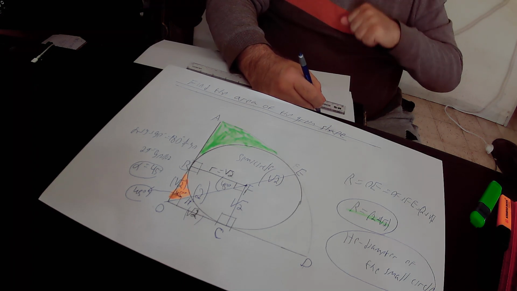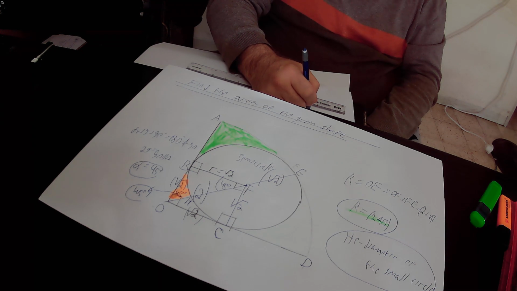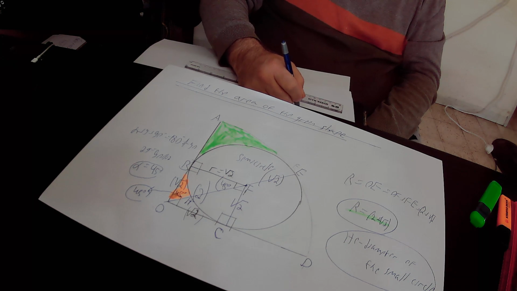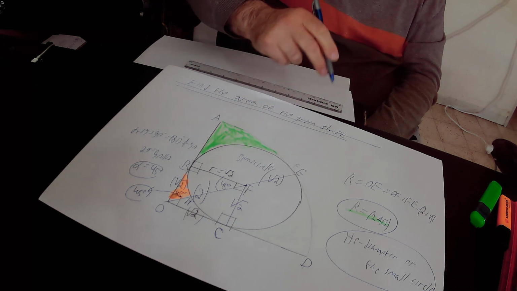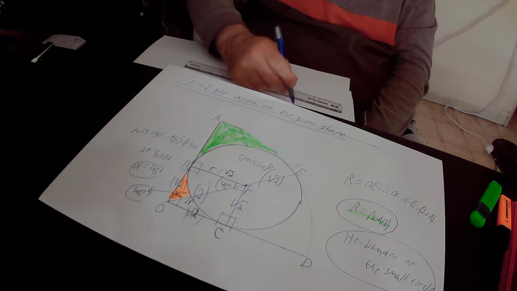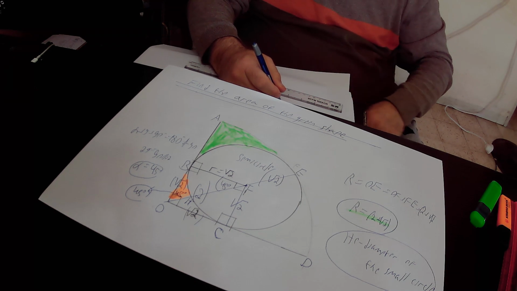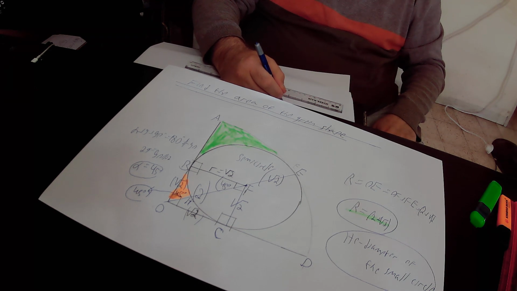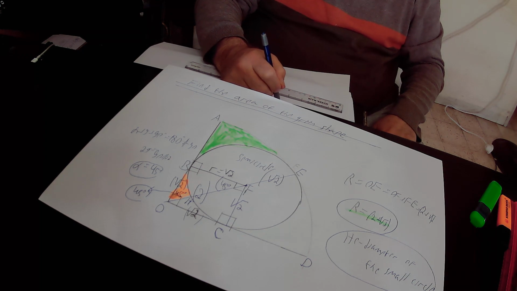So the area of the green shape equals the area of the big sector AOE. That is actually, we will find out that the area of the big sector AOE equals pi times 3 plus 2 times square root of 2 over 4 square units.